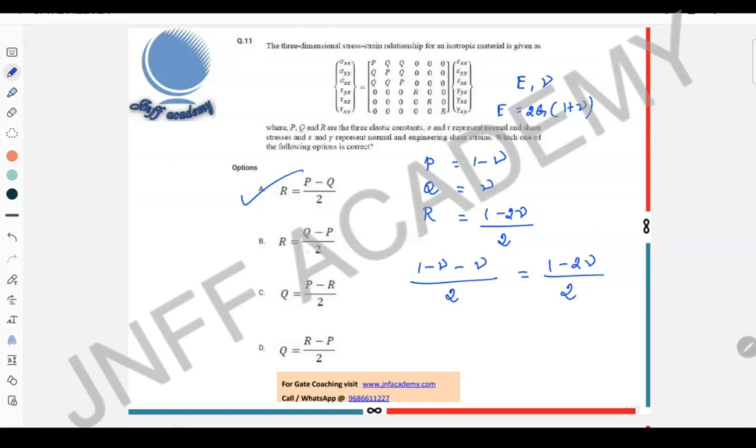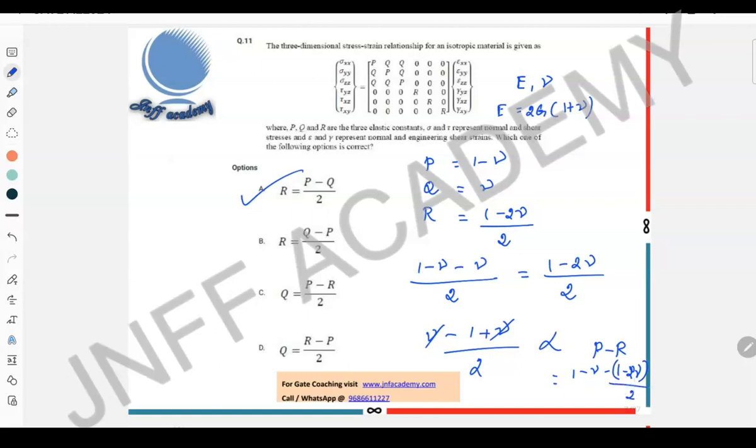So if you want, you can apply the same concept for the remaining options. Let us check quickly. The second option, nu minus 1 plus nu divided by 2. So this is wrong. Similarly, P minus R. P minus R also we have to check. 1 minus 2 nu by 2.